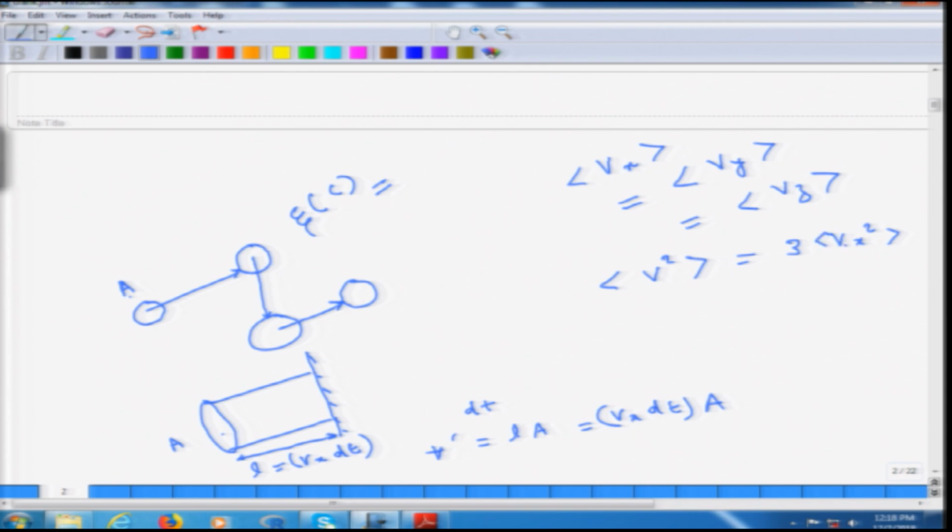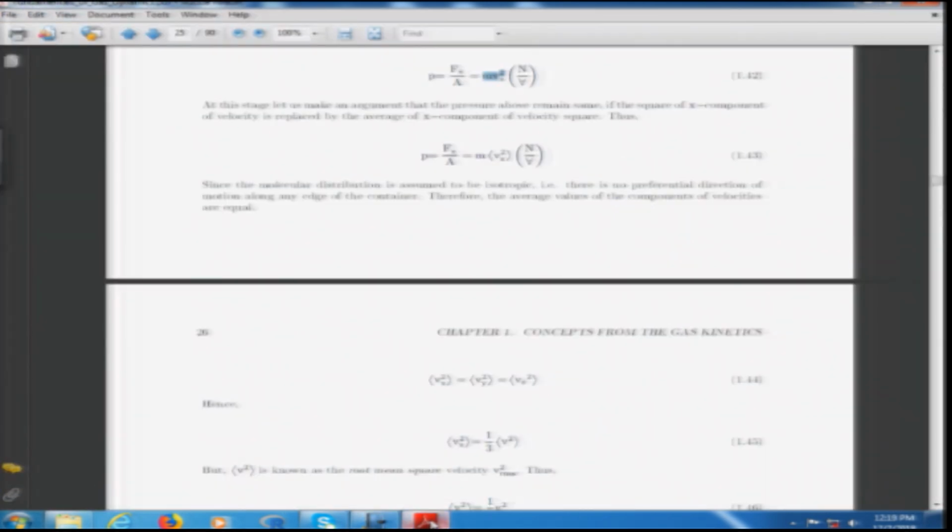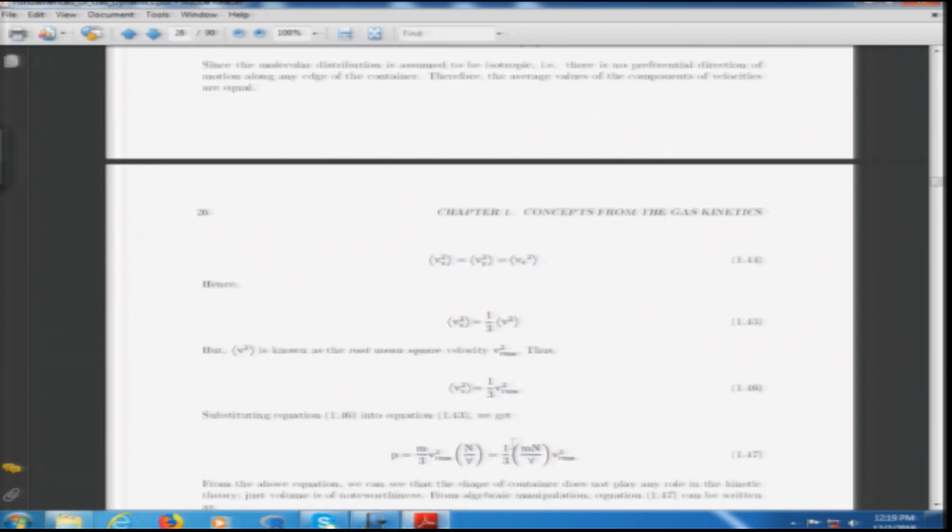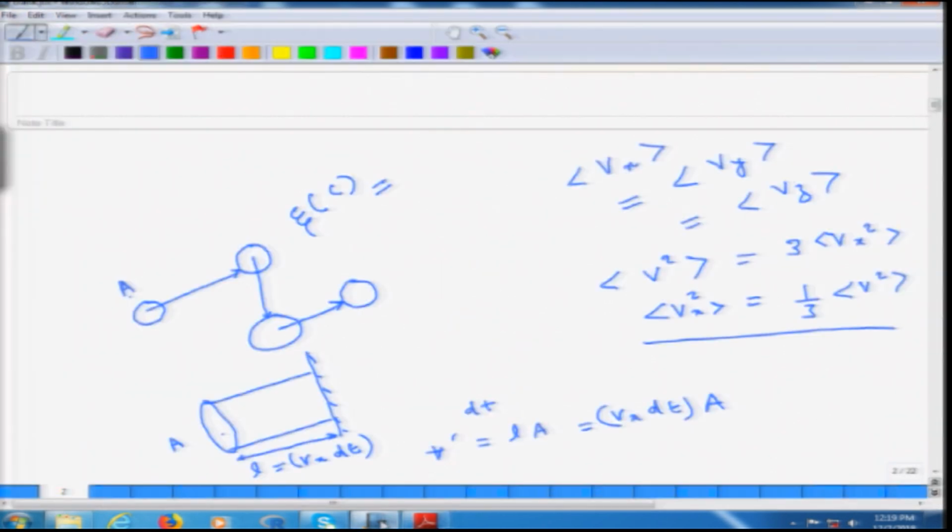Solving this, we see that Vx square is 1 by 3 times the ensemble average of the total V square. We note that this quantity is also termed Vrms square. Therefore, the component Vx square can be written as 1 by 3 Vrms square.